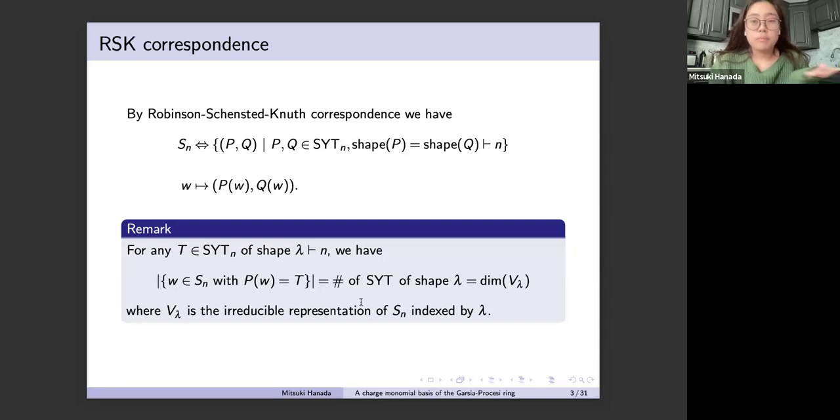We denote the first tableau P_w and we refer to it as the insertion tableau, and the second tableau Q_w is going to be our recording tableau. And then one nice basic algebraic combinatorics result is that the number of permutations of a certain insertion tableau corresponds to the dimension of the irreducible representation indexed by that partition, because they both equal the number of standard Young tableaux of that shape.